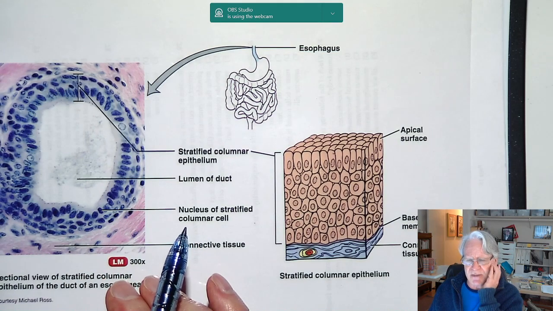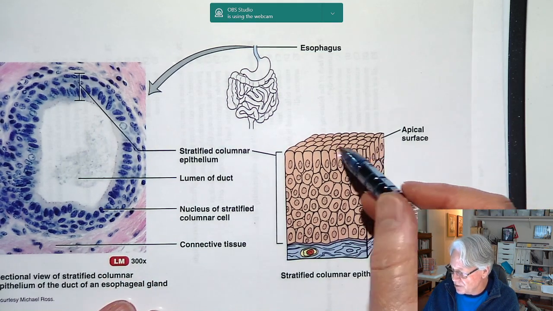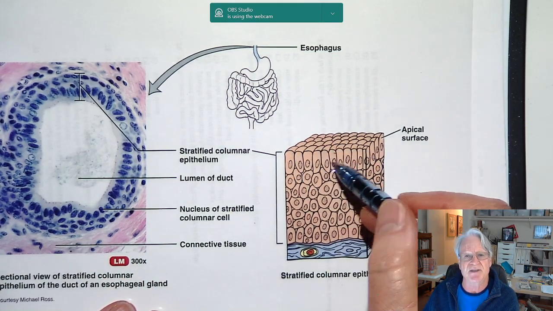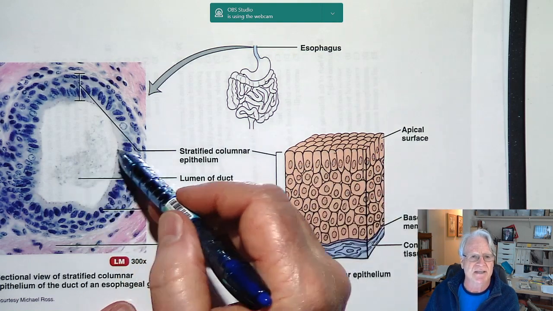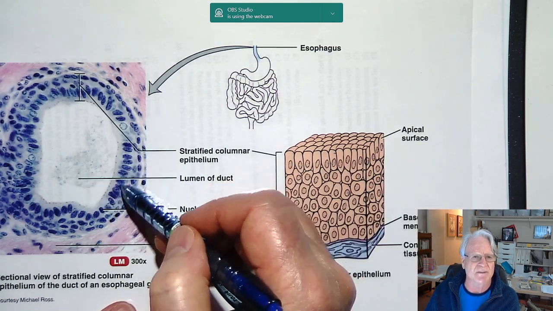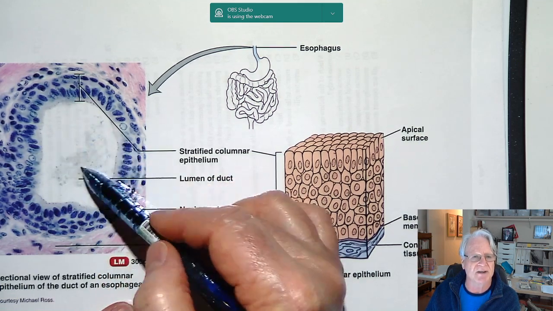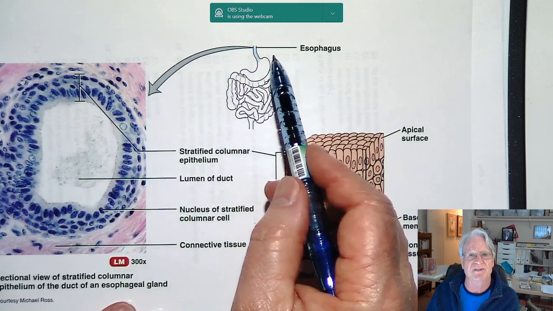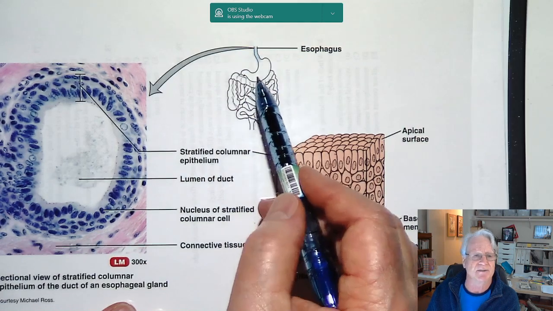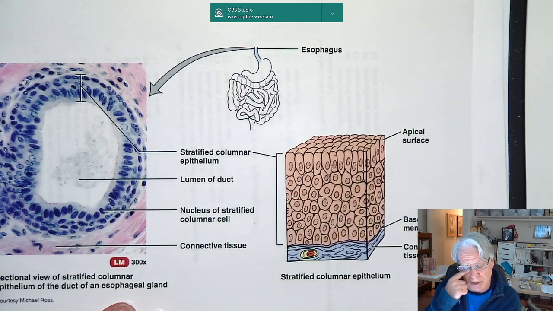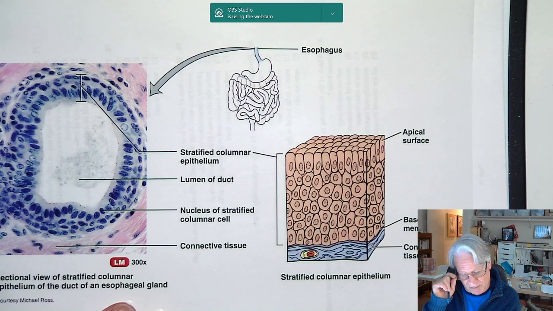And they name it because this is our functional layer up here. This is the layer that's in contact with the environment. These column-like cells are in contact with whatever is in this area here. In this case would be the food, because this is your esophagus leading down to your stomach. Actually, let me take that back.